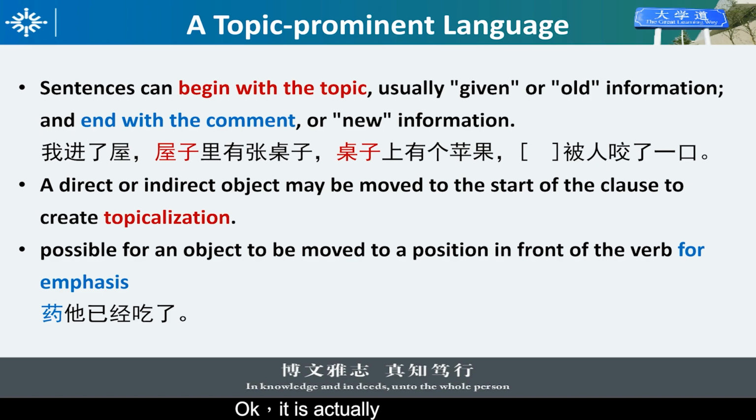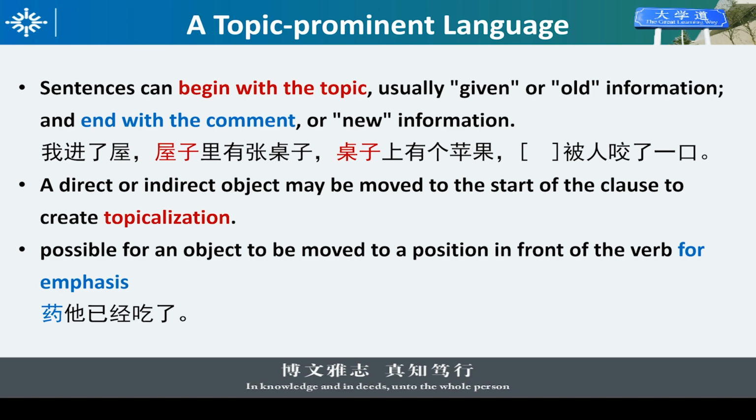Actually he took the medicine, but 药 here can be used as the topic of the sentence because it was put ahead. 药他已经吃了, and 他已经吃了 is the comment on the 药.